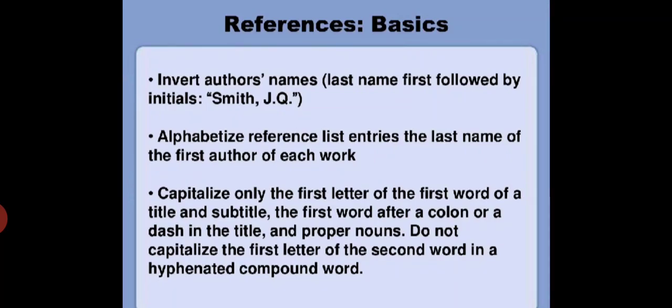Alphabetize reference list entries by the last name of the first author of each work. So your reference list should be organized alphabetically. Capitalize only the first letter of the first word of a title and subtitle, the first word after a colon or a dash in the title, and proper nouns.